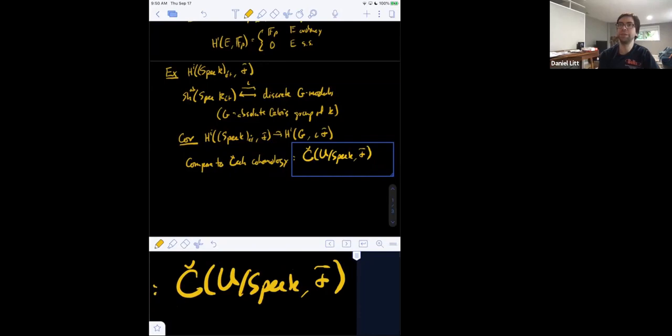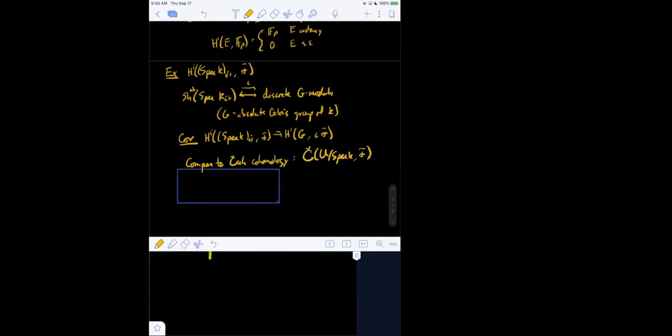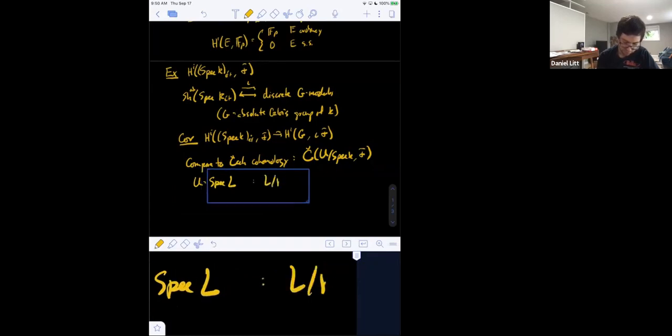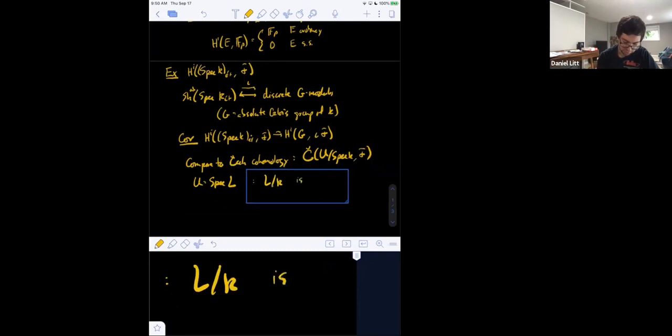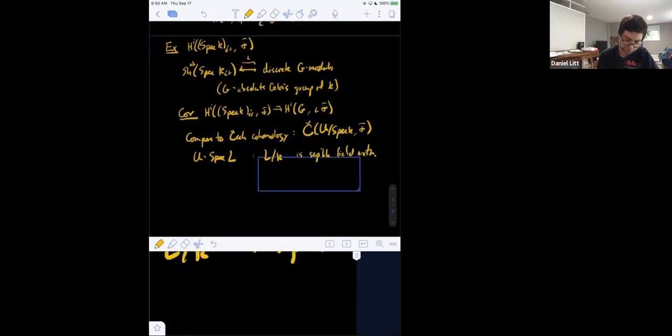Okay, so can anyone give me an example of a cover of Spec K? A separable extension. Exactly right. So let's set U to be Spec L, where L over K is a separable field extension. So what does the Čech complex look like?